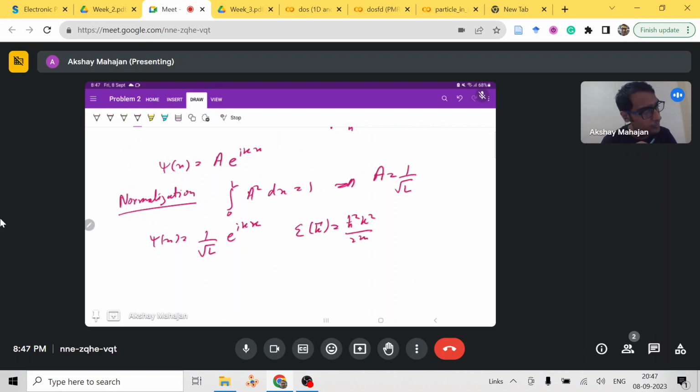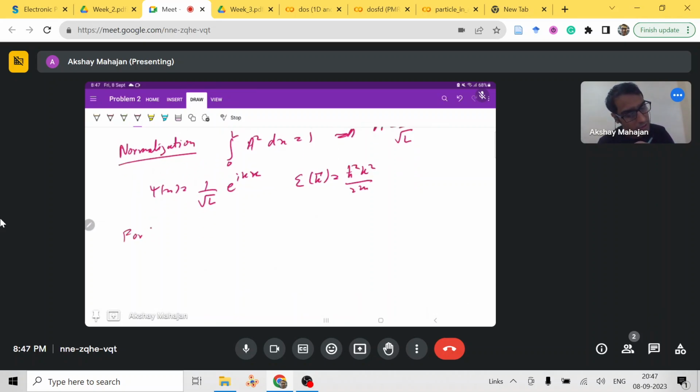Now for the periodic boundary condition, we are now going to apply the periodic boundary condition. So now we have psi of x plus L, that has to be again equal to psi of x.